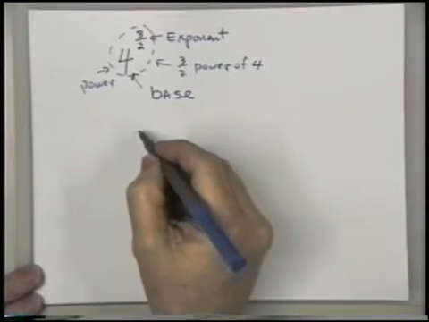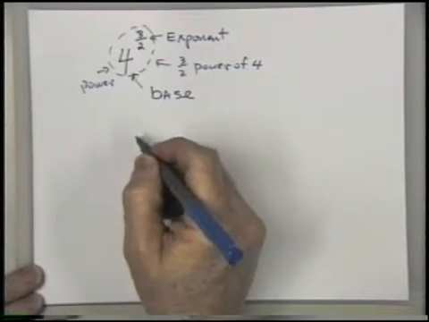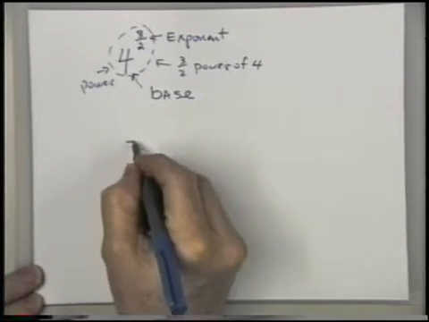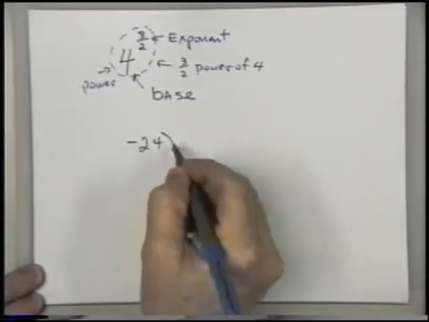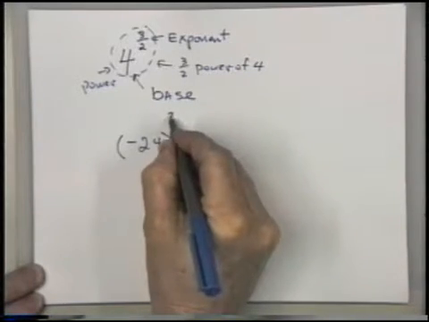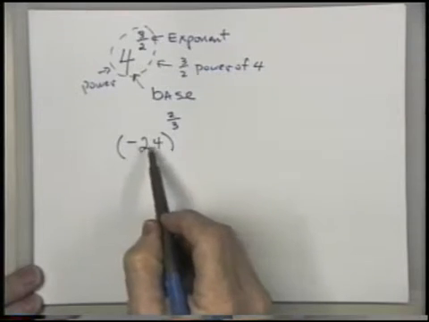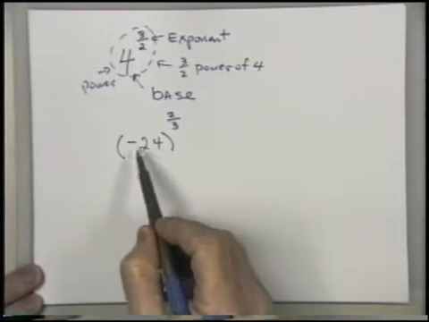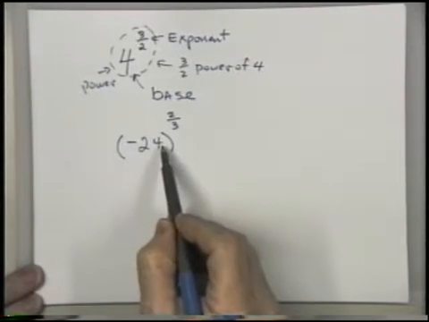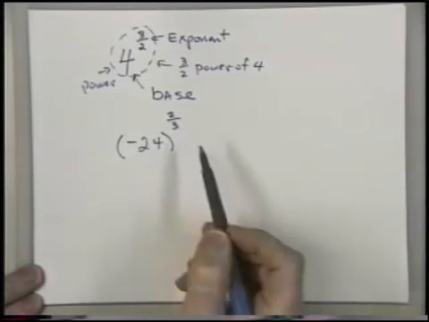Let's look at a couple more examples. Say, for instance, something like this. How would we read that? Well, now I've got a negative number as my base, so I just say negative 24 raised to the 2/3 power.